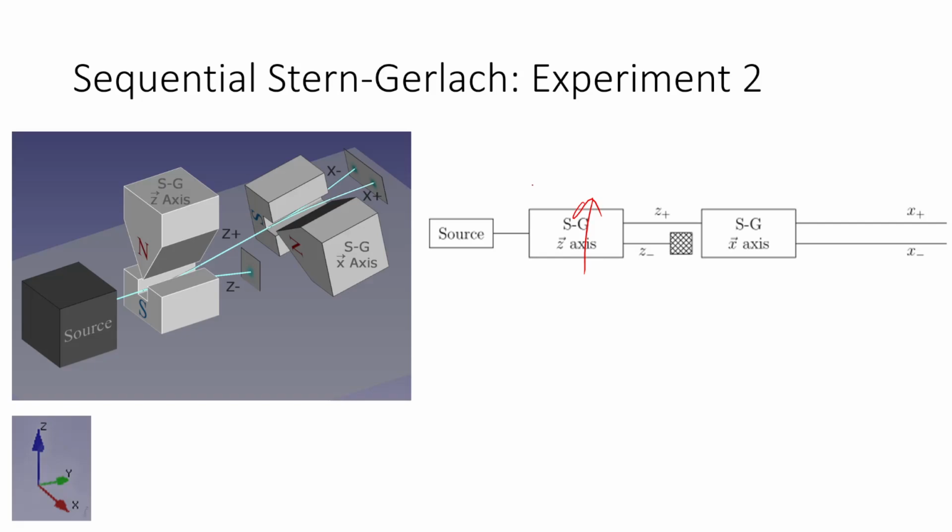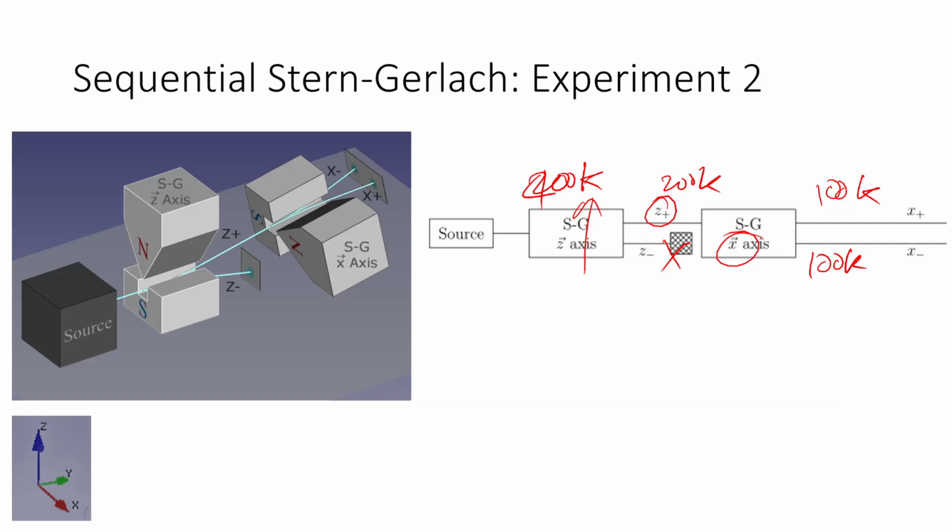If we send 400,000 atoms into the first device, and we are blocking the spin down, only 200,000 of them pass through, and all of these particles have spin up. When we measure the spin along the x-axis, what we find is that about 100k of them have spin up along the x-axis, and 100k have spin down along the negative x-axis.